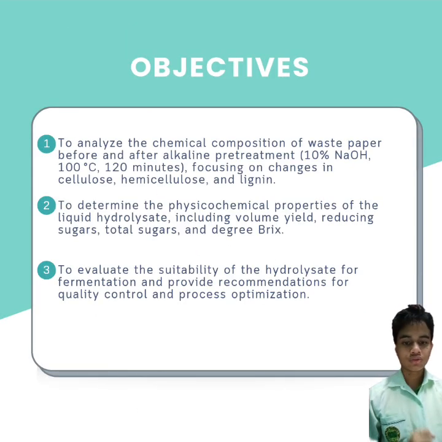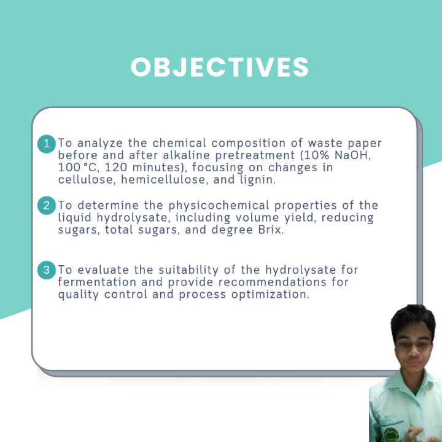Objective. First, to analyze the chemical composition of waste paper before and after alkaline pretreatment with 10% sodium hydroxide at 100 Celsius for 120 minutes, focusing on changes in cellulose, hemicellulose, and lignin.